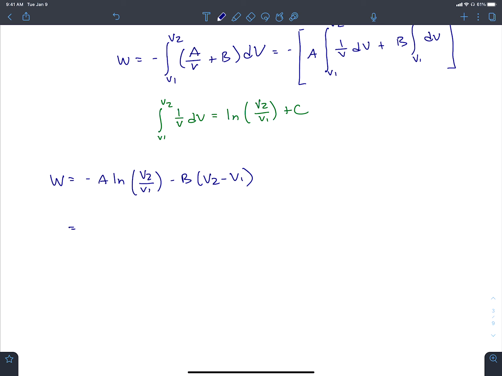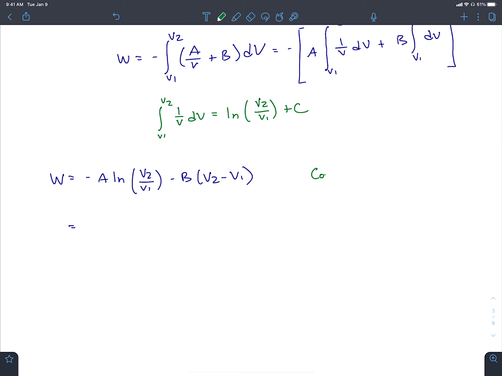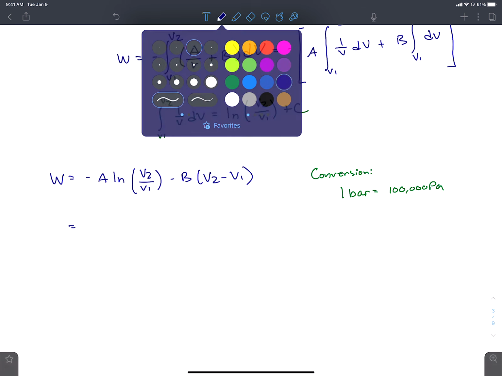And so plugging everything back in. Conversion, I didn't write this in when I first did it: 1 bar equals 100,000 Pascal. This is a pretty handy conversion to have.